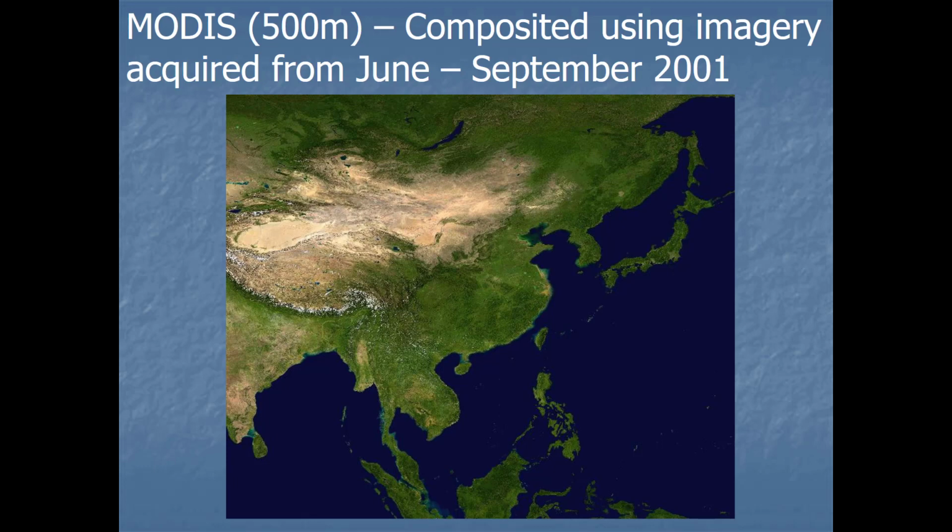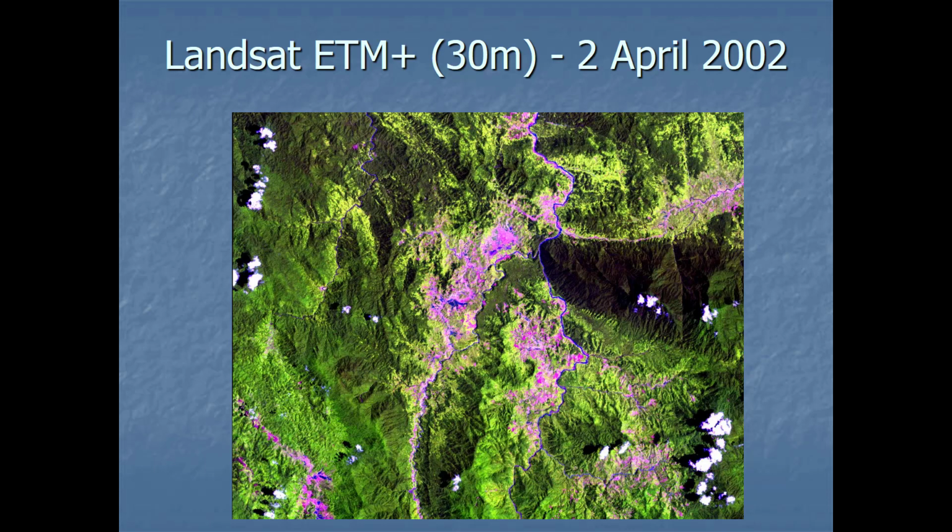It could also be used for looking at carbon consumption and carbon fluxes and estimates of global patterns. This is a Landsat ETM image. It's a 30-meter resolution. It's color-coded here so that certain parts of the vegetation appear in pinks and purples. This could be used for analyzing forest health, and it could also be used as a pre-image for assessing fire damage.